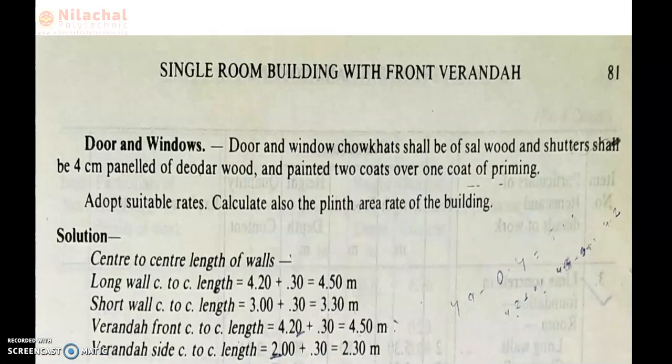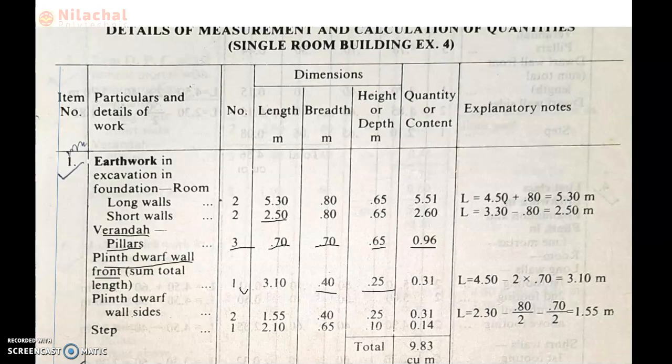The pillar cross section, we know the pillar breadth is equal to how much? 70 centimeter, right? And pillar length is also 70 centimeter. So we need to deduct the 2 numbers of pillar length. The total length of veranda front wall is 4.50 minus 2 into 0.70. 0.70 for what?